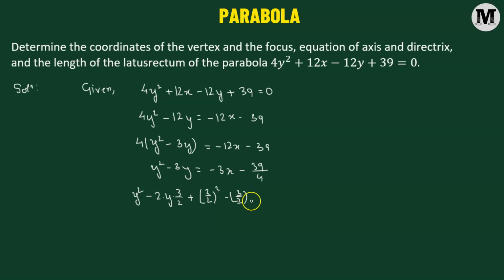So we'll subtract 3 over 2 whole squared, and this will be equal to negative 3x minus 39 over 4. Doing so, the first 3 terms will now become a perfect square. So we have y minus 3 over 2 whole squared equal to negative 3x minus 39 over 4. We'll transpose negative of 3 over 2 whole squared to the right hand side to get positive 9 over 4.